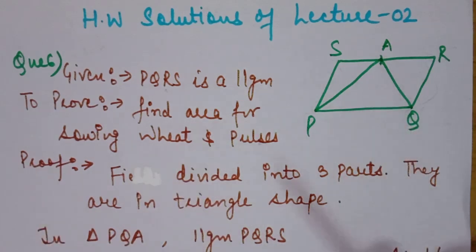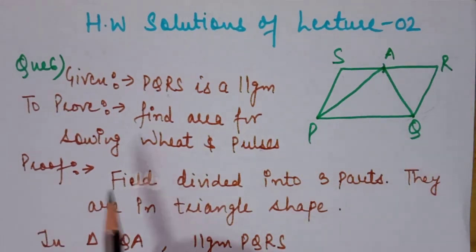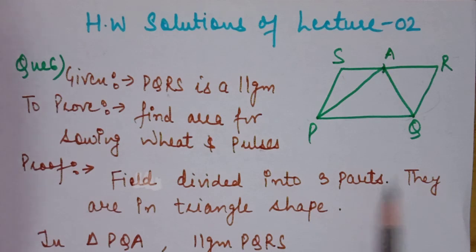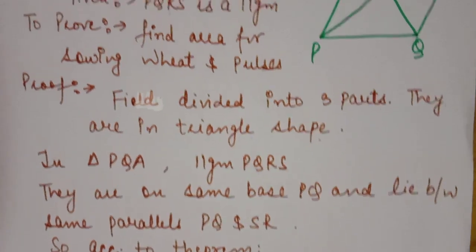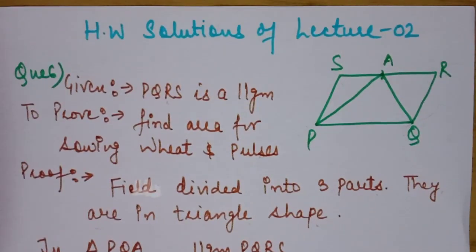Proof: the field is divided into 3 parts. They are in triangle shape. So in triangle PQA and parallelogram PQRS, first of all, let me explain from your diagram.